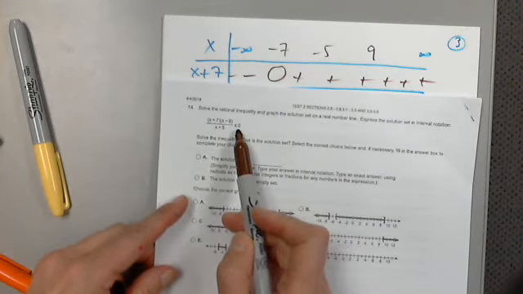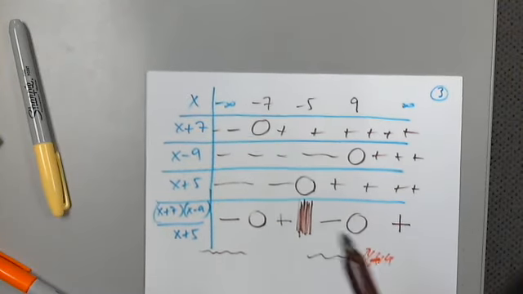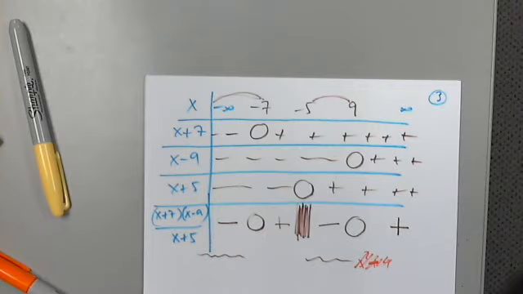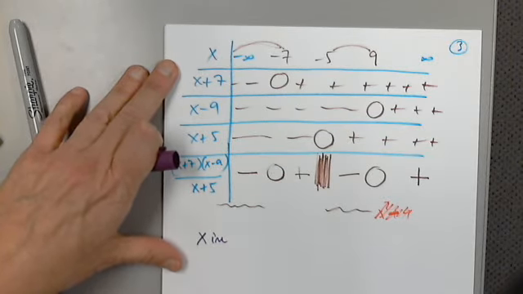They want us to find less than or equal to. So when is the ratio a negative number? It's a negative number here and here, which means I have to choose this and this. And that will be the final answer. So x is in the interval.